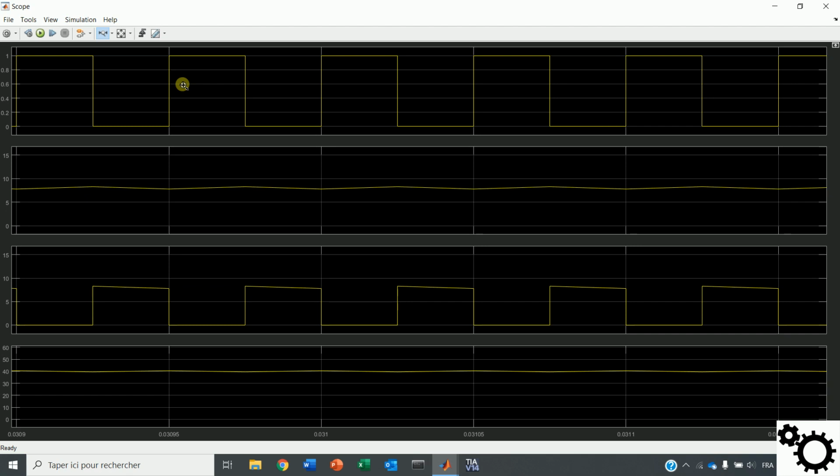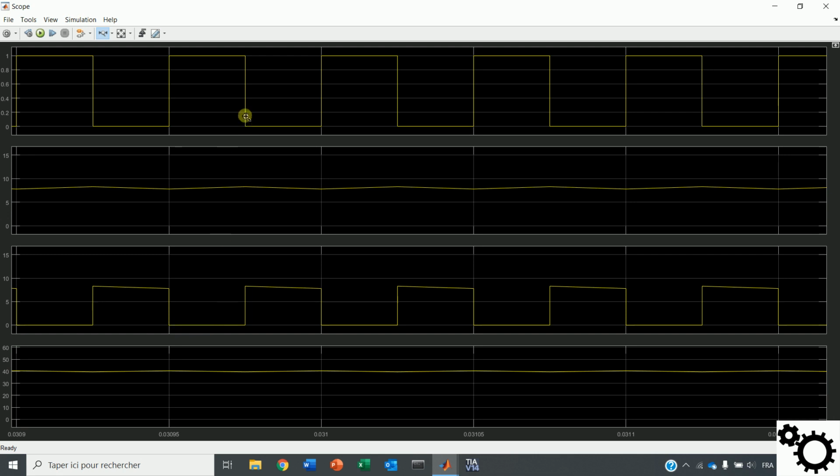So, when the interrupter is on, the current flows through it and the circuit is not connected because of the diode properties. The inductor restores some energy, and as we can see here, the diode doesn't let the current pass through it.